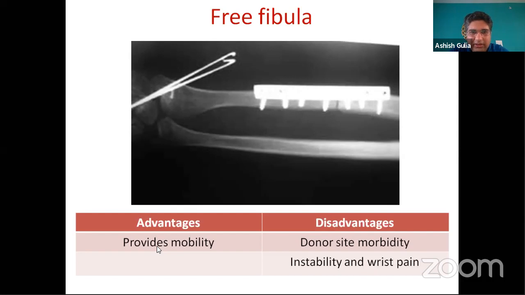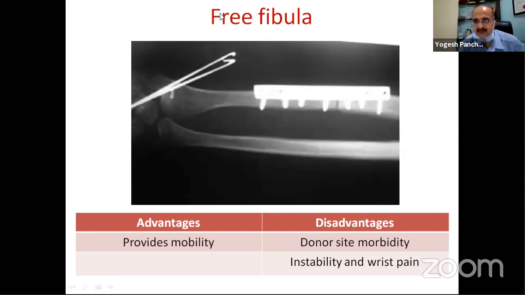So we need to be a bit wary. This is the way we take the decision on how to best reconstruct the distal radius defect. Dr. Panchwal, any different views on this, or any views on fibular arthroplasty?